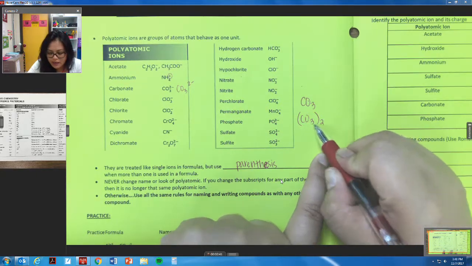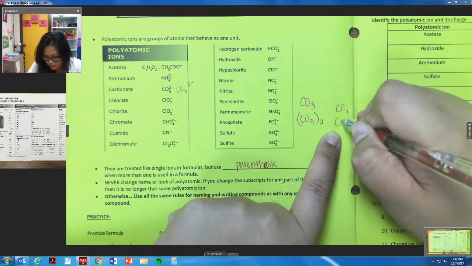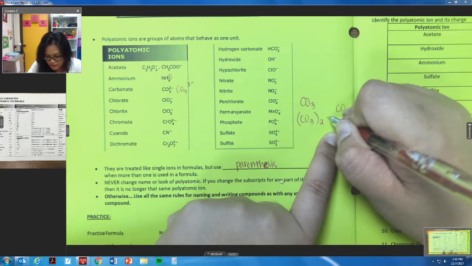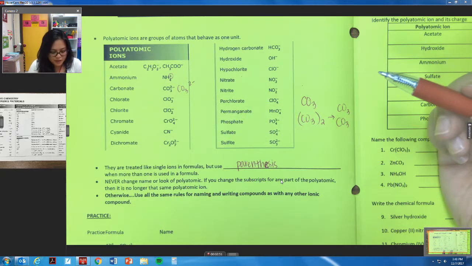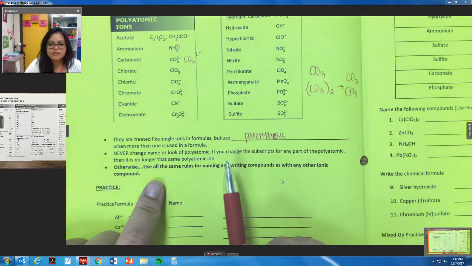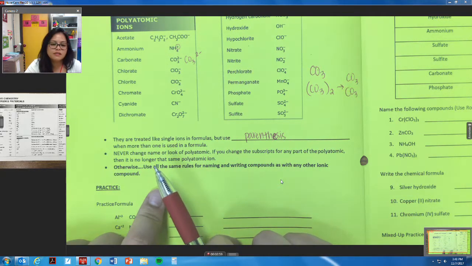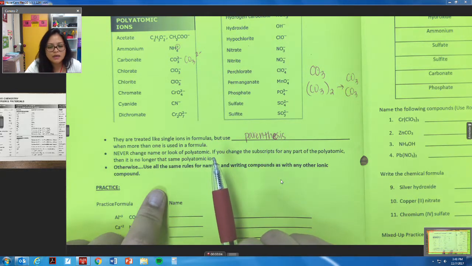That's telling me that I have 2 CO3s. This is what that means. Never change the look or the name of your polyatomic. If you change the subscripts for any part of your polyatomic, then it's no longer the same polyatomic ion.